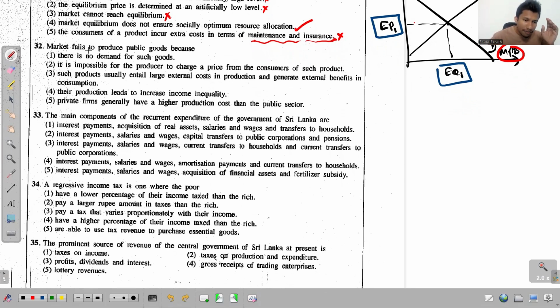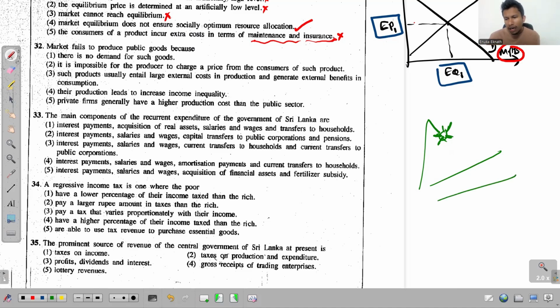And the market economy fails to produce these public goods due to the second characteristic, due to non-excludability, which means, let's say that the government provides a particular public good, right? Let's assume so the government or whoever the supplier provides the public good. But the problem is, once it is provided, the government, if not that other supplier, will not be able to remove the consumers who are not going to pay the price.